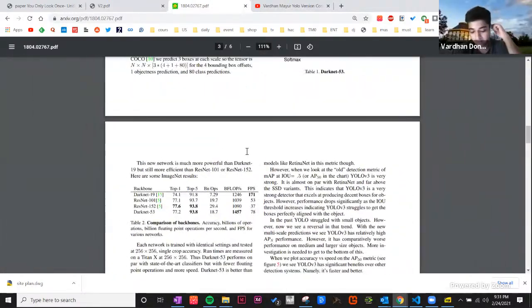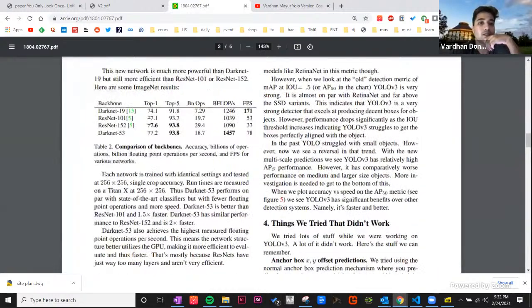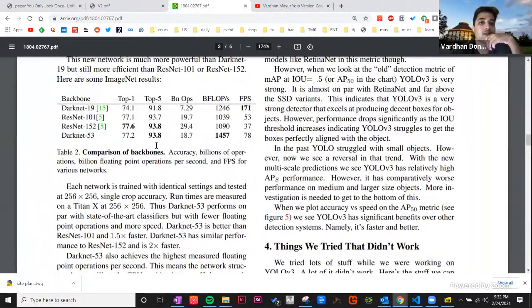If you want to compare the inference time, there is a graph. But let's talk about this table first. One thing here is that there are two factors: top one and top five. For people who are not sure what top one and top five are, top one is when you have this object, the model classified it as, let's say, class one, and the actual ground truth was also class one.